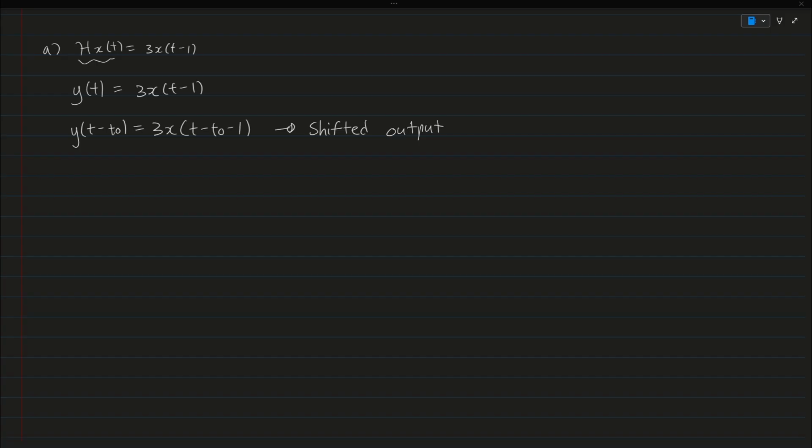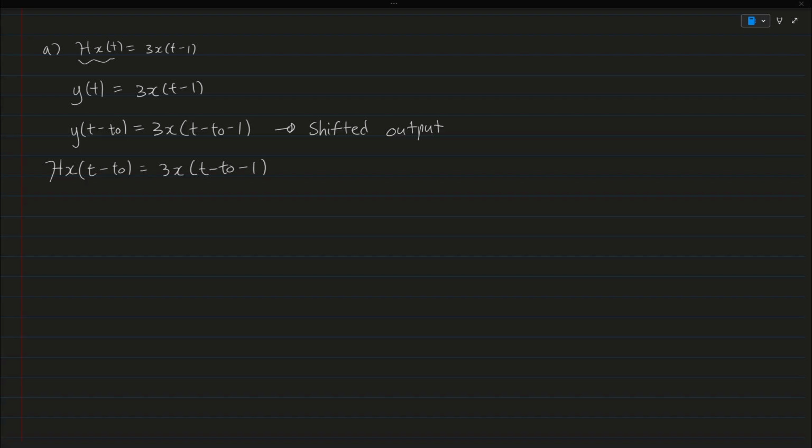Now we're going to shift the input. So we're going to pass into the system x of t minus t0. What does this give us? The function just multiplies by 3, so 3x, and then it takes whatever the input was, so t minus t0, and then does minus 1.